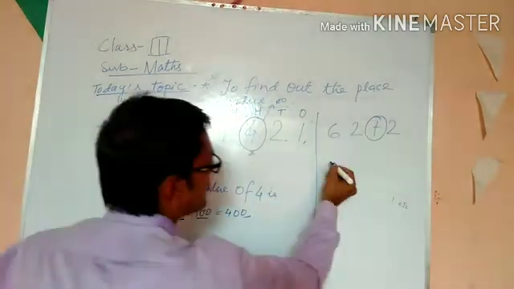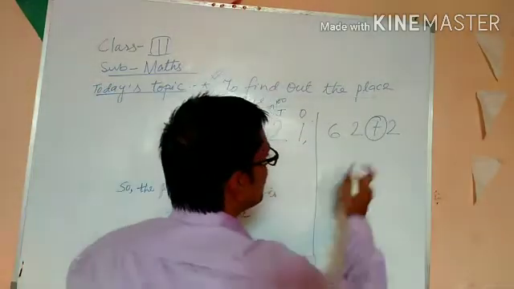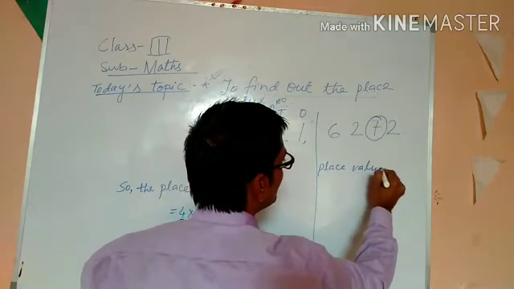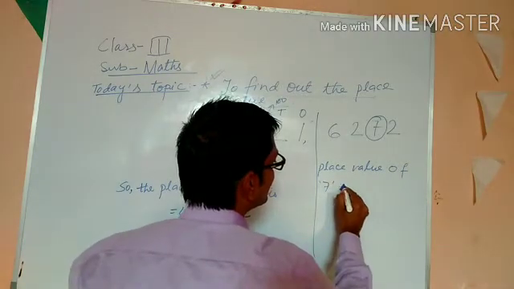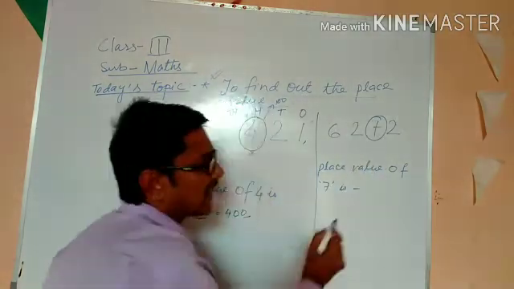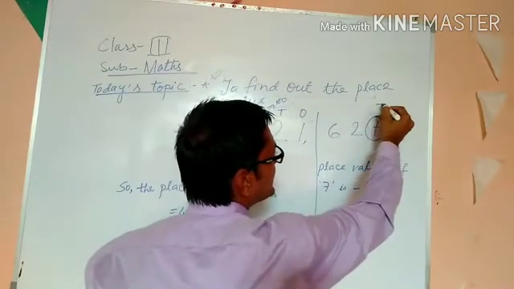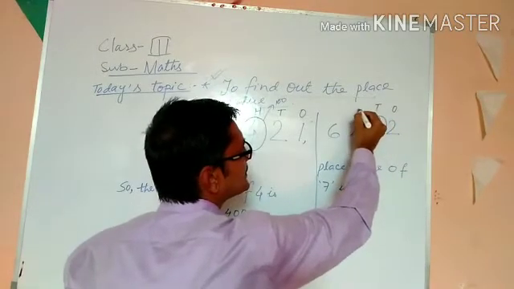Again the second one. Here, the place value of 7 is what? As you can see, again you have to put the place on top of the digits.